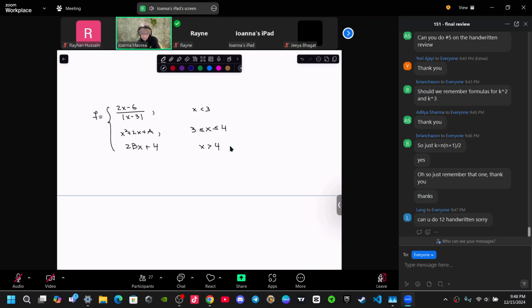Continuous means that at any x, let's say x equal 3, the limit of f as x goes to 3 from the left is equal to the limit of f as x goes to 3 from the right, which is equal to f of 3. That's continuity.